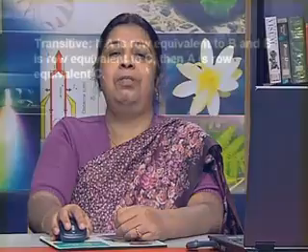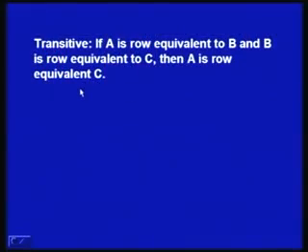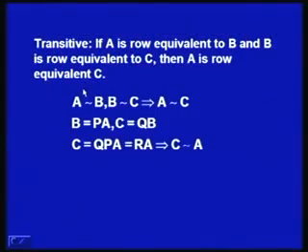In transitive I have three matrices. That is the meaning of the transitive property.